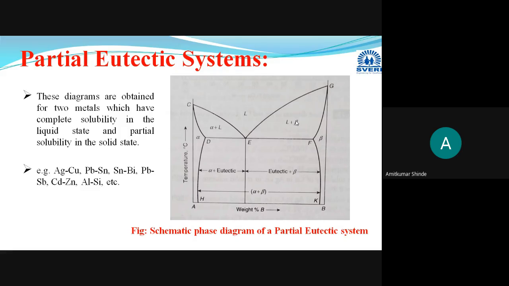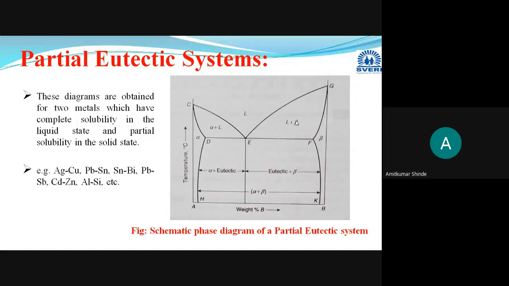Now what is this alpha and what is this beta, that I will explain, but try to understand some practical examples for this partial eutectic system. A very well known example from your practical life is AgCu, silver and copper. Silver and copper are partially soluble in each other in the solid state also.